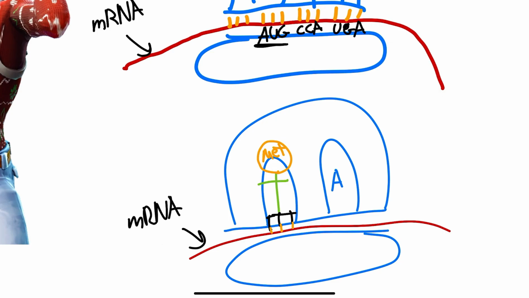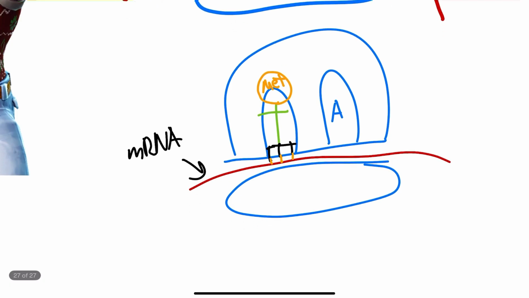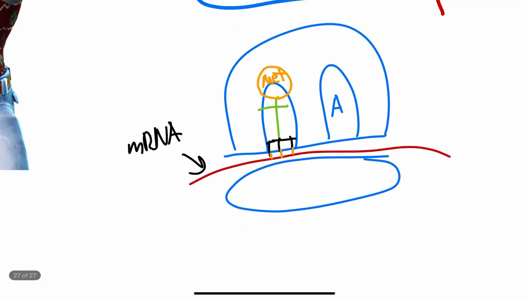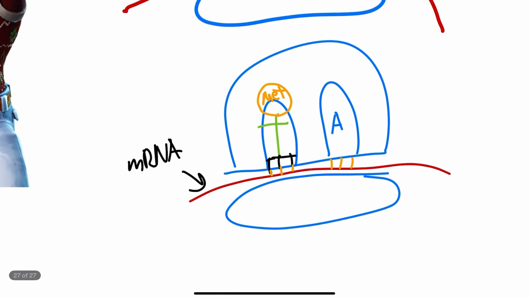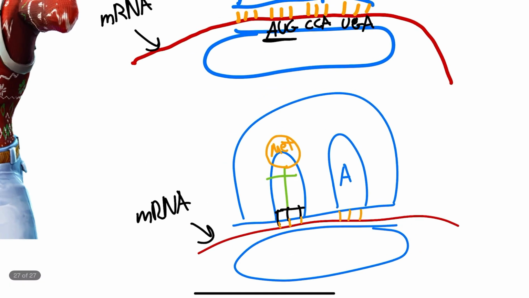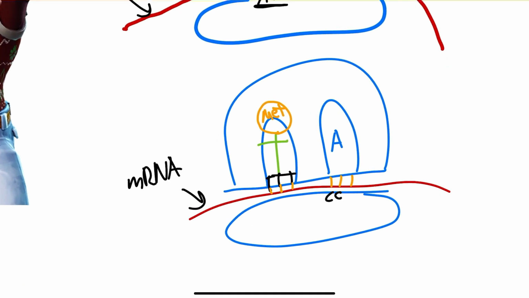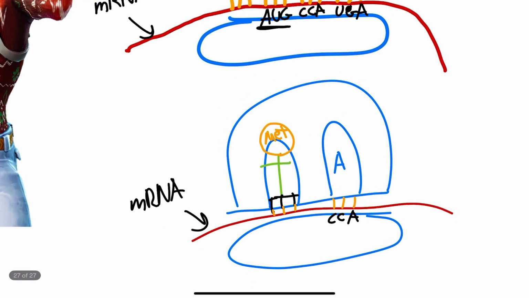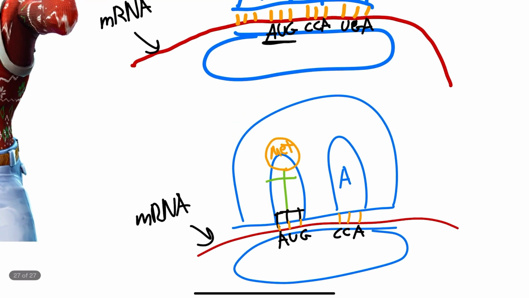All right, so now the tRNA with an anticodon that matches the next mRNA codon. So what's our next mRNA codon? Do we remember? We'll have it right here. It's CCA. So it's got CCA, and then we said this is AUG. All right?